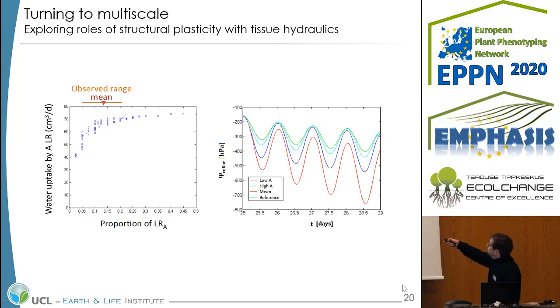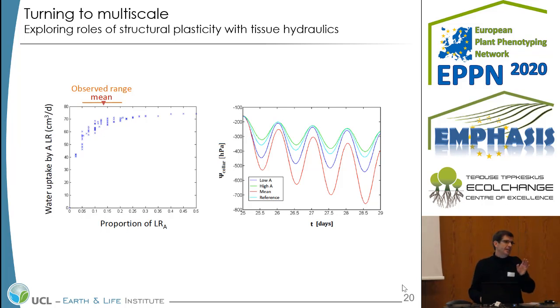If you try to make more fast-growing laterals, you are going to the green, which is essentially the same. If you try to decrease the proportion of fast-growing laterals, you are going to the blue. And the most interesting one is the mean.